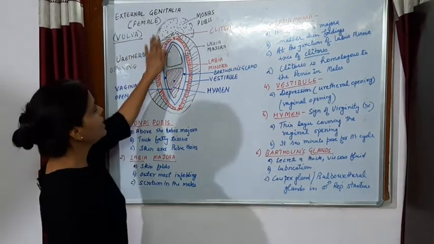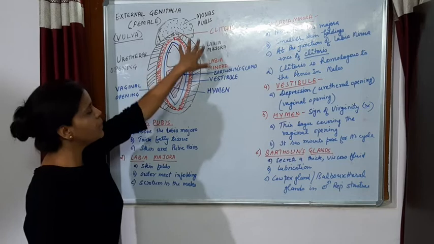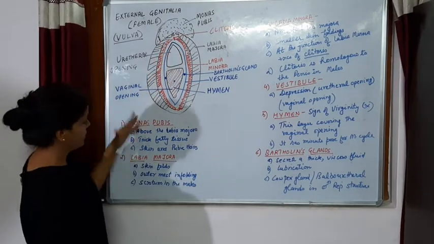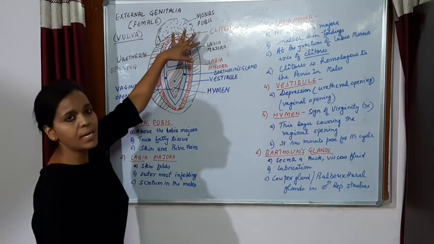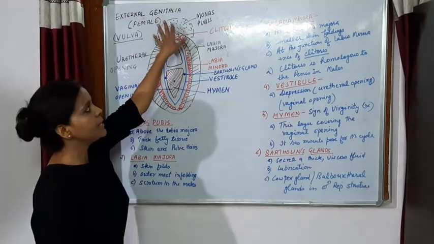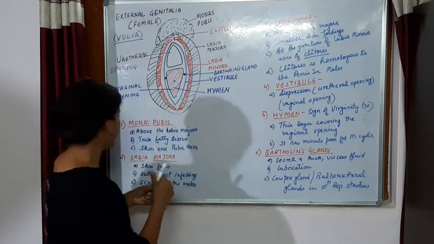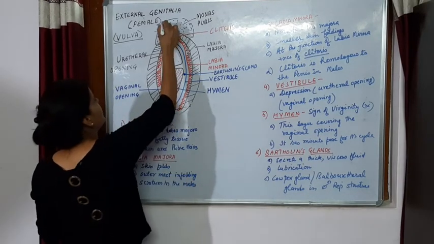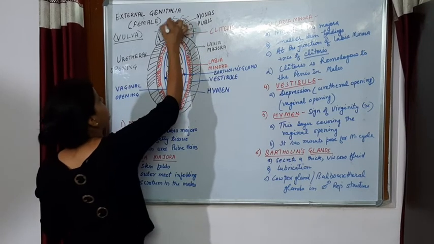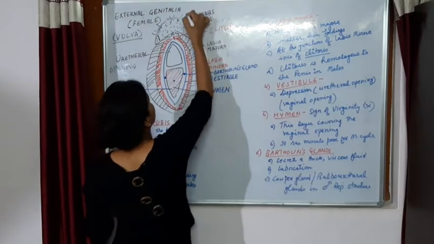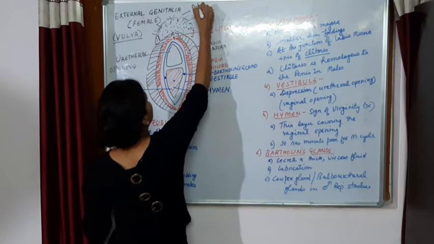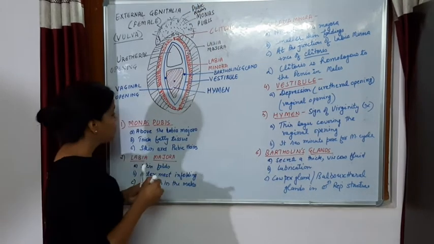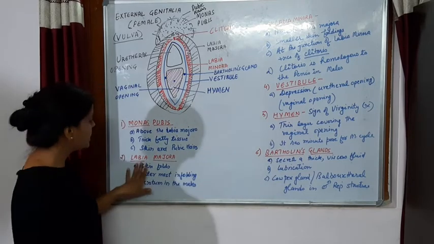We started with the outermost mons pubis, just above the labia majora. It is a thick fatty tissue and skin having pubic hairs over it. So I can draw the pubic hairs also. Here are the pubic hairs, which can also be labeled. Then inner to it is the labia majora.